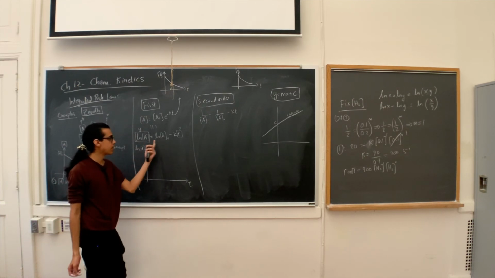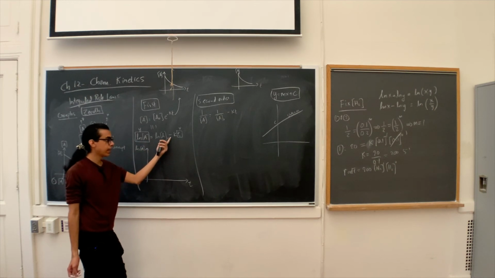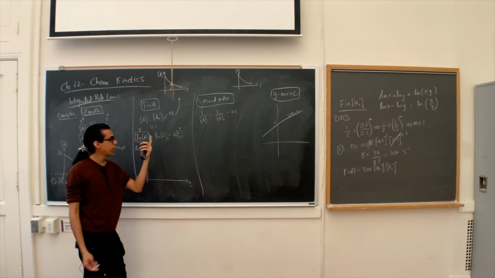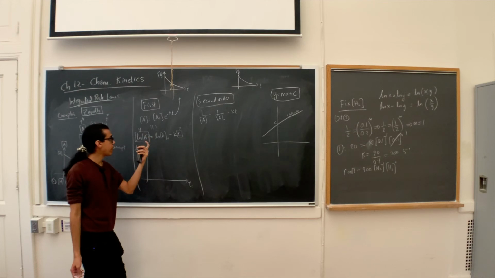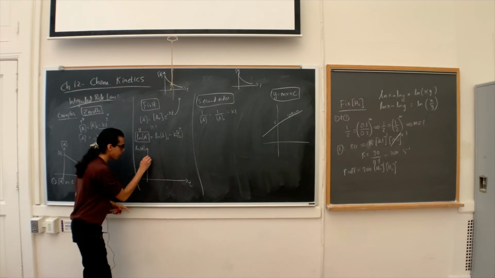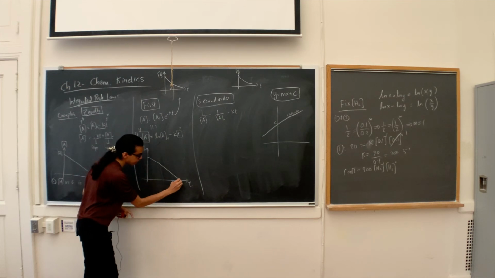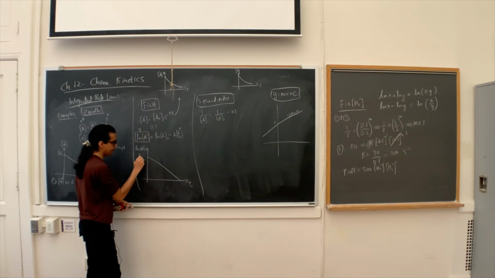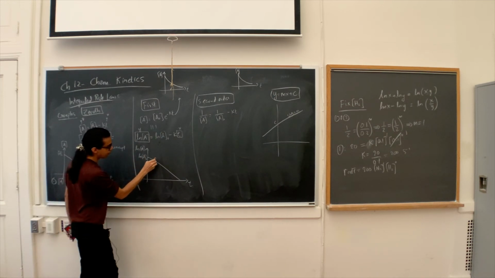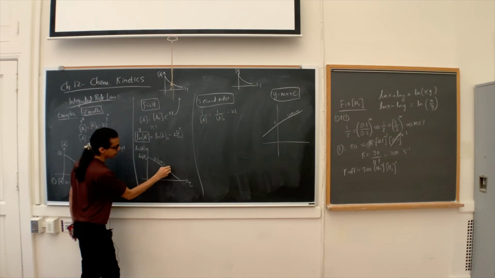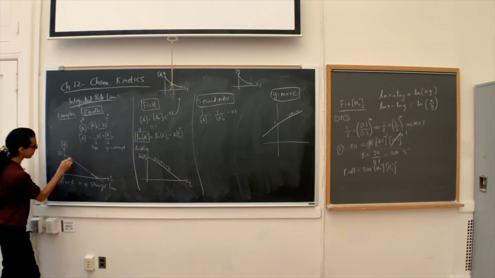For this equation, what's my slope? Negative k again, so going down. And what's my y-intercept? Natural log of A naught. So it's going to look something like this. Y-intercept is ln of A naught. Slope is minus k. Same thing here.